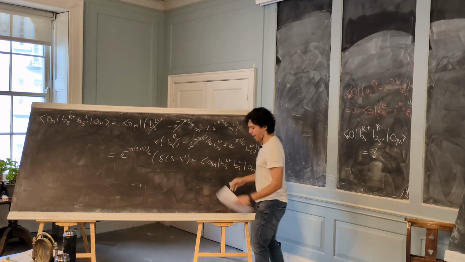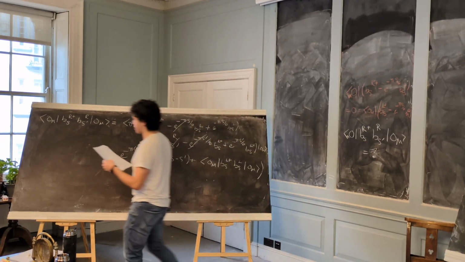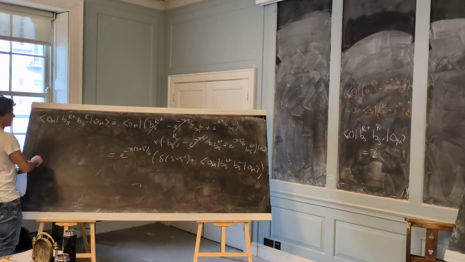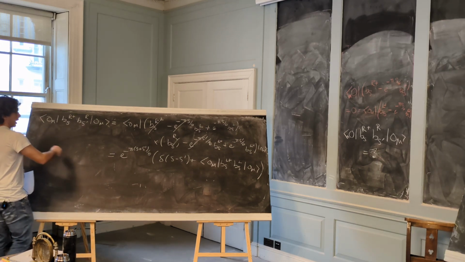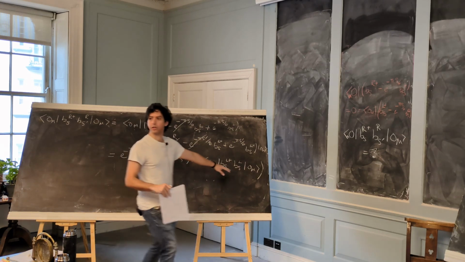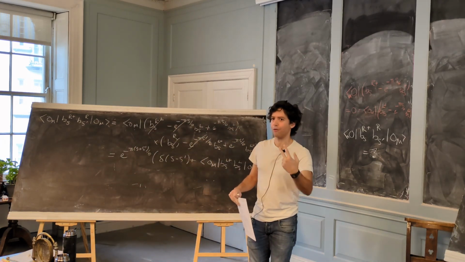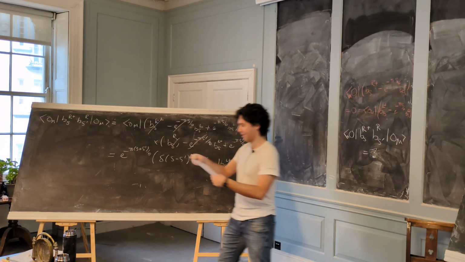Okay? And I guess it should come as no surprise to you that I can do this calculation also in the left wedge, and I would get this expression in terms of the right wedge. So I now have two equations in two unknowns, and I can solve for it. Very easy.